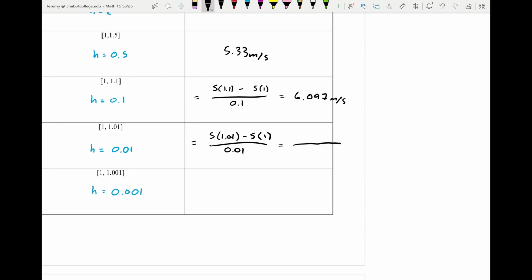For s of 1.01, I got 8.2026, and then minus 8.14, and then divide that by 0.01. So that's what I got using my calculator, and then simplifying, I got 6.26 meters per second.